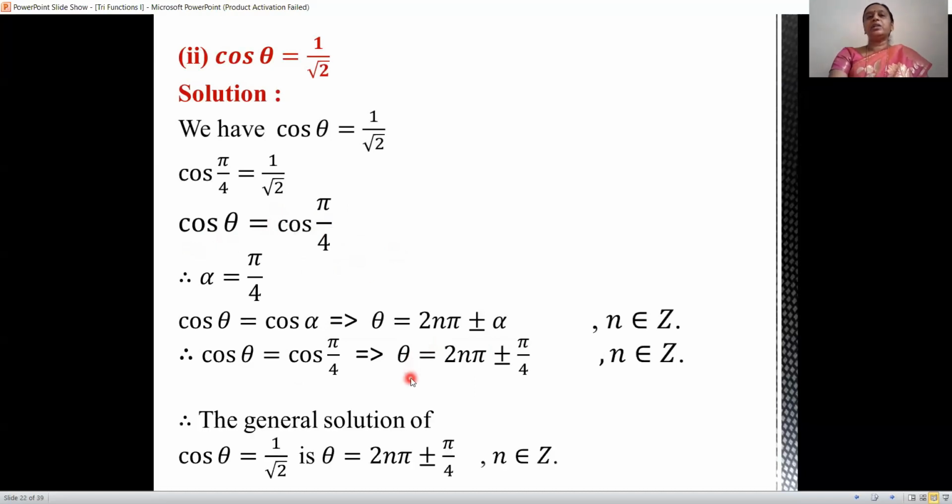That will be your general solution. Then write down this: cos theta is equal to cos pi by 4 is nothing but our problem, cos theta is equal to 1 by root 2. Therefore, the general solution of cos theta is equal to 1 by root 2 is theta is equal to 2n pi plus minus pi by 4, n belongs to Z.